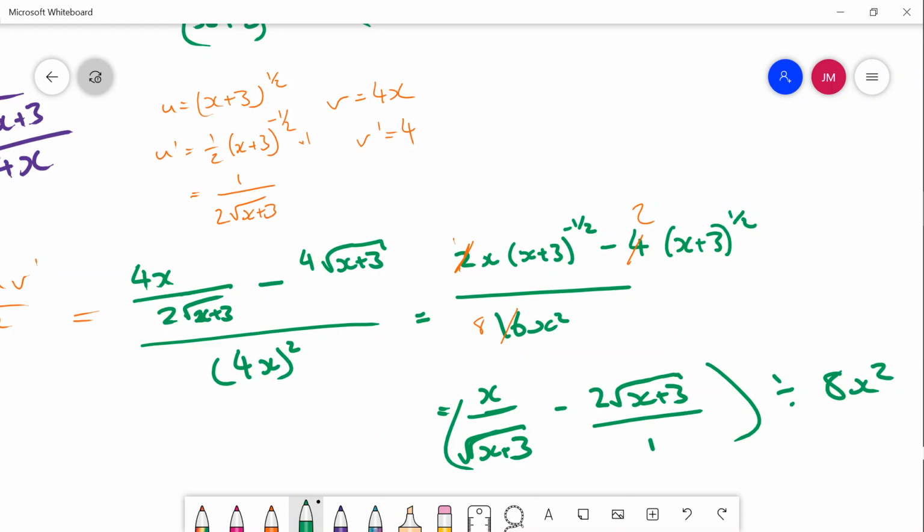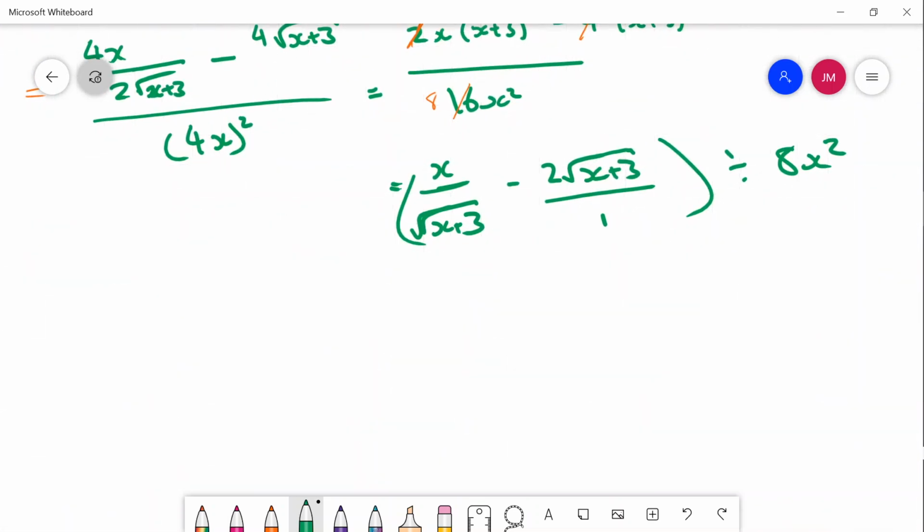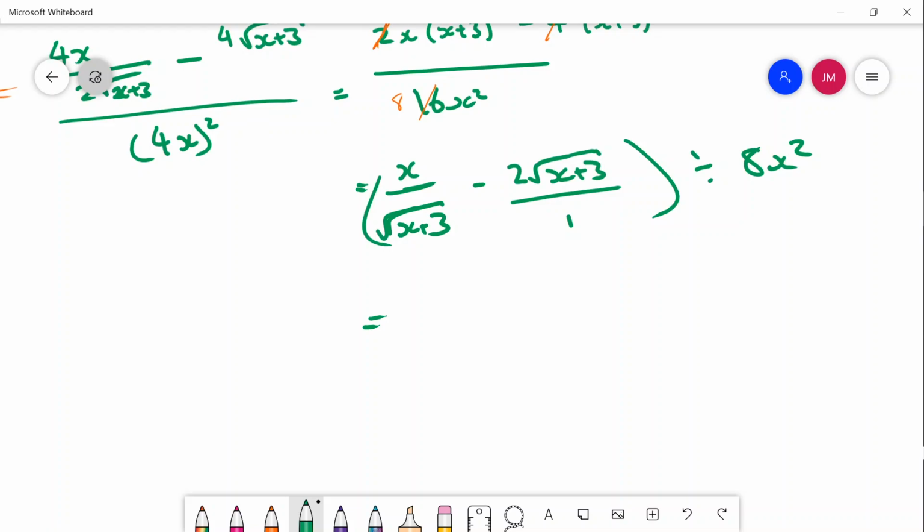Don't forget about that. There must be a nice, easier way of tidying this up, but let's go down this rabbit hole.